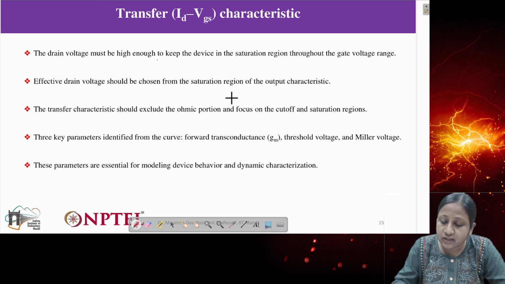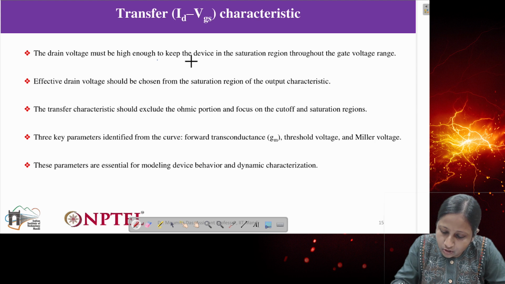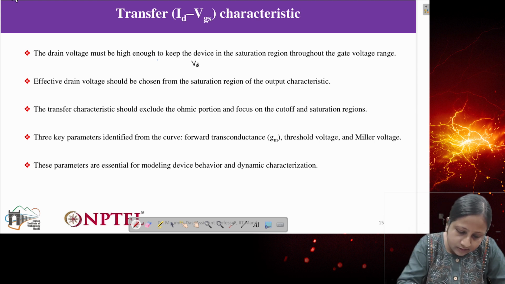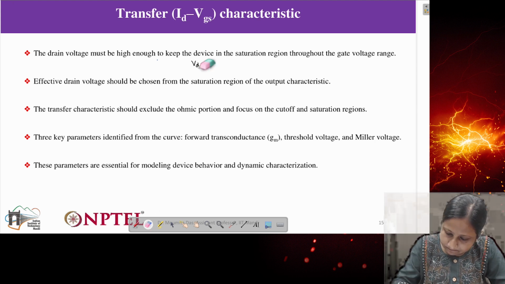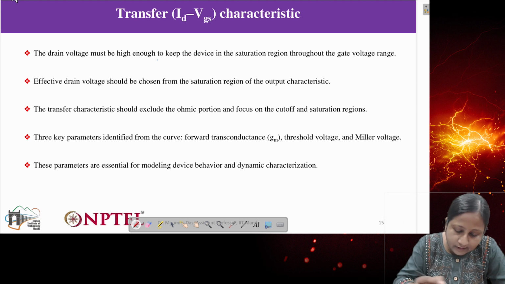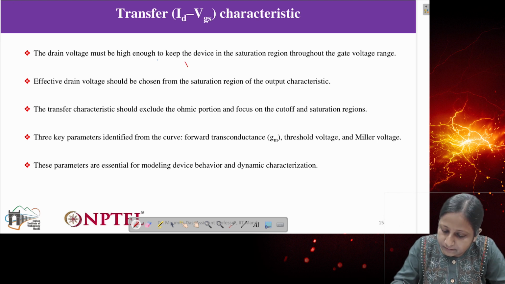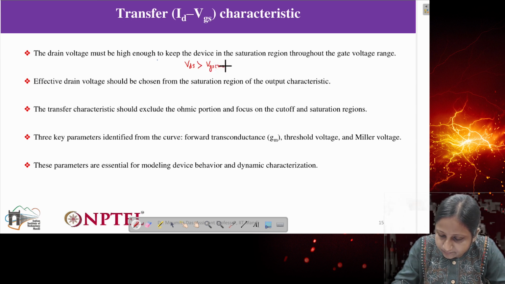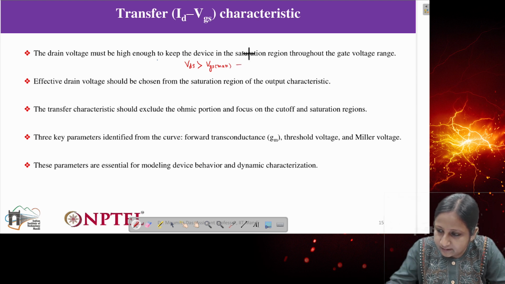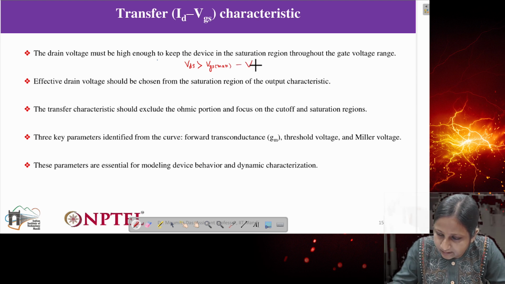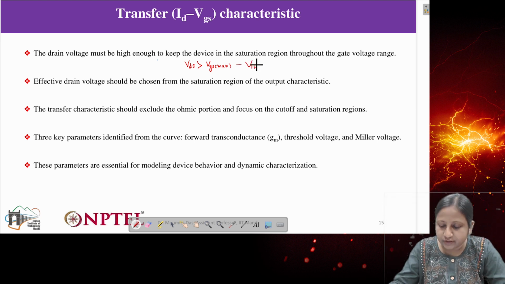But what should be the value of VDS? For that we have to consider a condition where, just a minute, I should use a different color so that it will be visible. VDS should be greater than VGS max minus VTH, the threshold voltage of the gate.